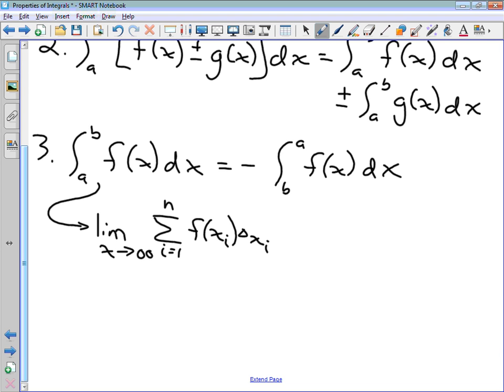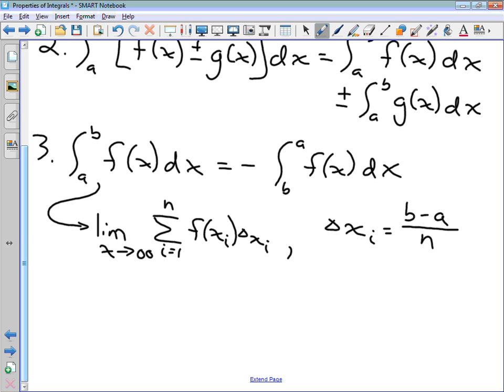This was basically our definition of what this integral represented. And in this, delta x_i, the width of one of our little rectangles underneath our curve, was given by b minus a over n. Basically our end point minus our start point divided by the number of rectangles. That's how we determined the width of each rectangle.